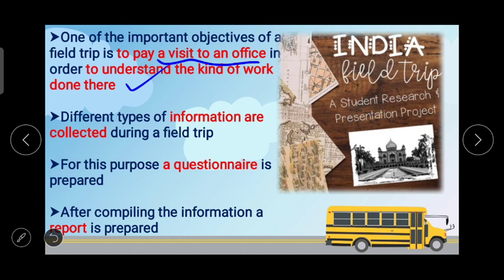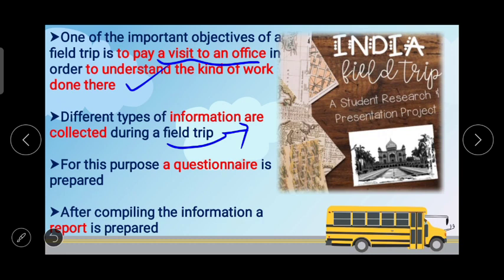Different types of information are collected during a field trip, which can be the source to study about that particular place, or we can keep that with us. For this purpose, a questionnaire is prepared, and after compiling the information, a report is prepared.